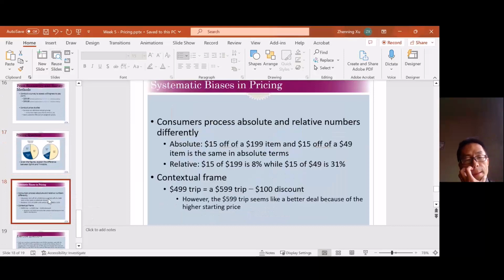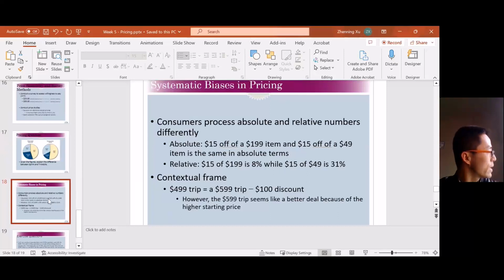So next one. Now we think about systematic biases in pricing. These are probably psychological pricing strategies. So for example, for $200 products, you can probably charge 199, probably 190.